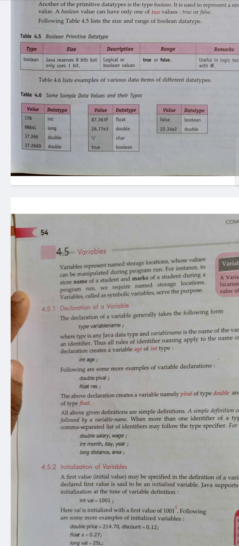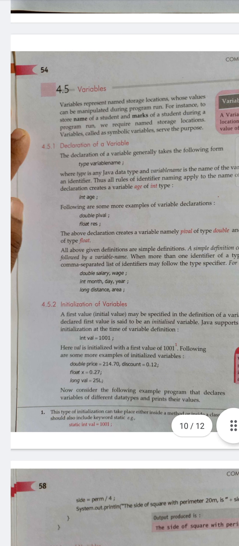So how do we declare a variable? Give the data type, then a space, then the variable name, then a semicolon. This is the way we declare a variable: data type and then variable name, for example int age;. Now initialization of a variable.